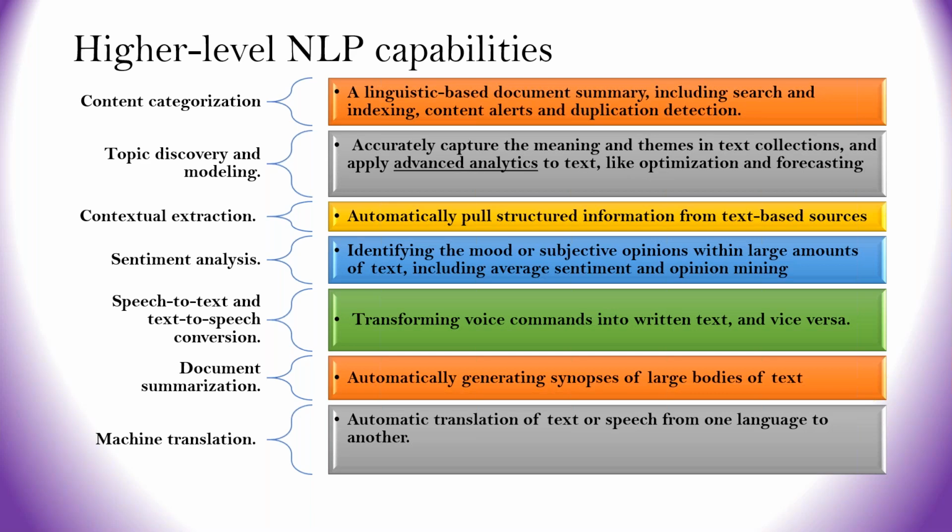And if you look at the second capability called topic discovery and modeling, we will identify the contents and then we generate a topic out of the contents. So if the news is already displayed in a page, let's say Times News, wherein there will be a lot of news in it, by reading the words of each news we could categorize them, or we could develop a topic out of it.